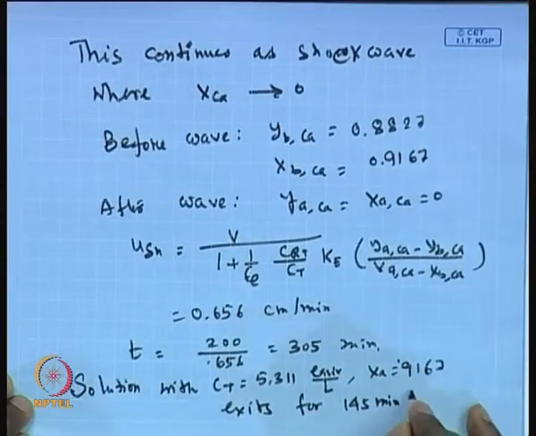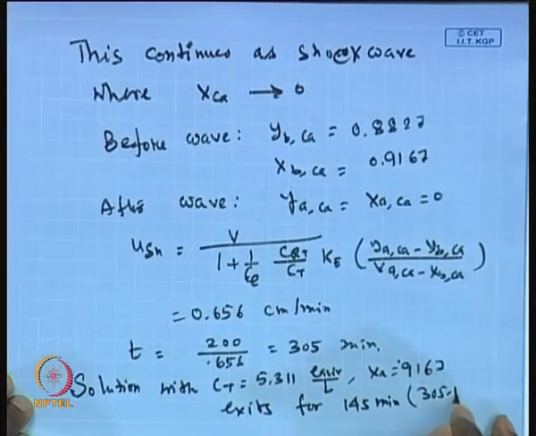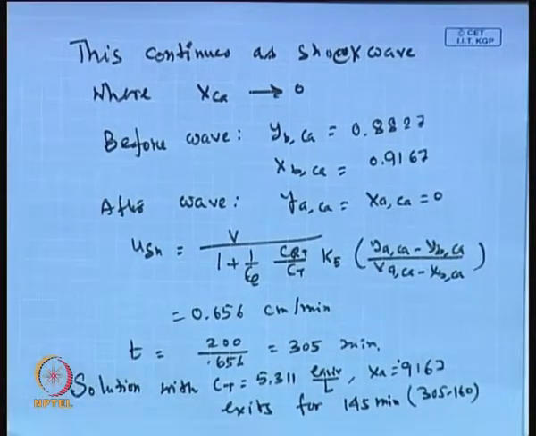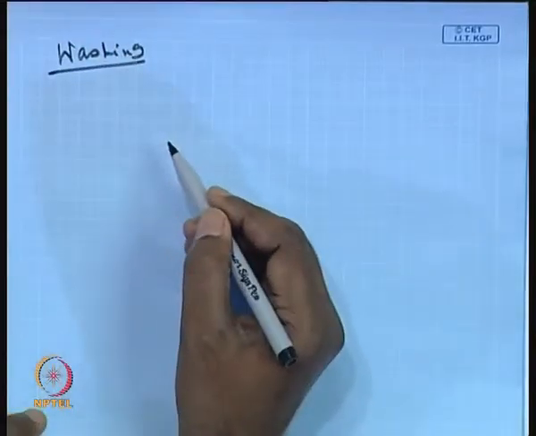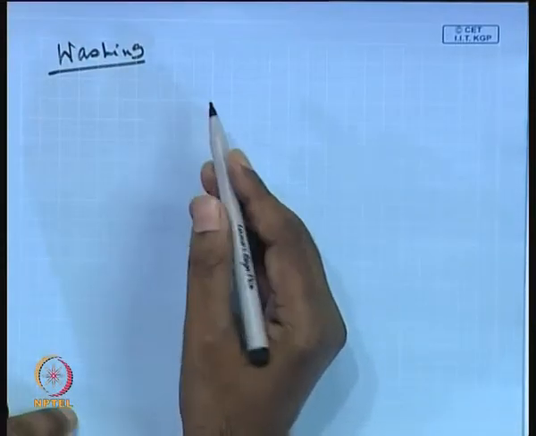How did you get 145? That is 305 minus 160. Okay. Once we do the regeneration cycle, then we can go for the washing. In the case of washing, we are washing whatever sodium chloride is there in the resin phase.